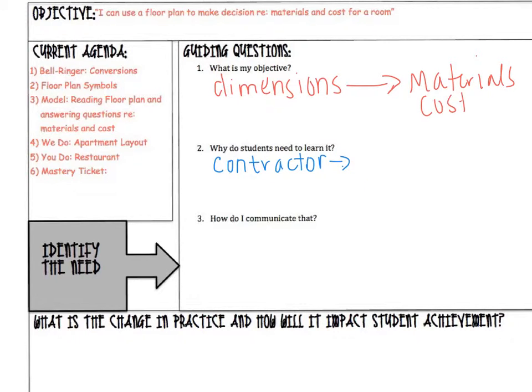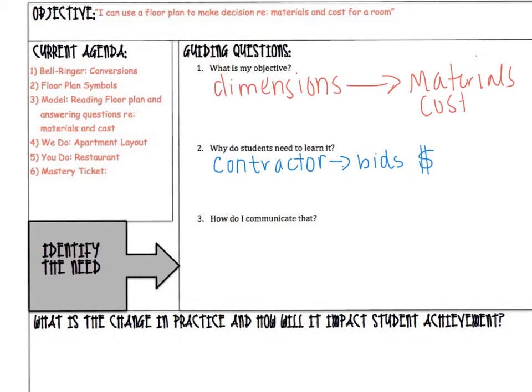So if I'm going to be a contractor and own my own business, I'm going to be putting bids in on things. And if my bid isn't correct, I am either taking advantage of people, which is going to result in me not having business, or I'm losing money. Okay, so that's a money thing and has to do with my business. So that's pretty motivating to kids.